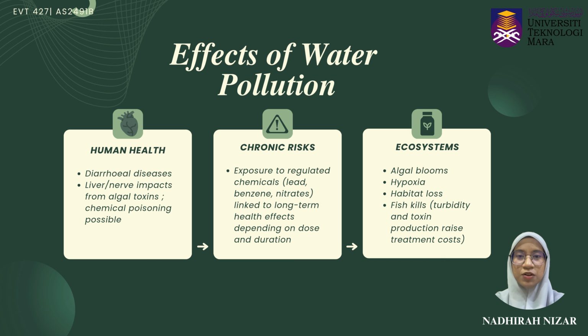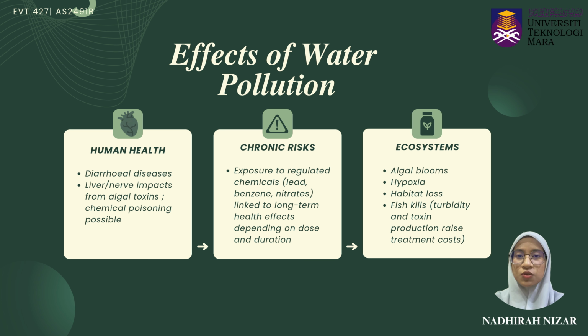Health impacts depend on the contaminant. Microbial contamination spreads diarrheal diseases, cholera, dysentery, typhoid, and can drive outbreaks in places with weak sanitation. Chemical contamination of drinking water can cause gastrointestinal distress, but also more serious, organ-specific effects. For example, some algal bloom toxins affect the liver and nervous system.